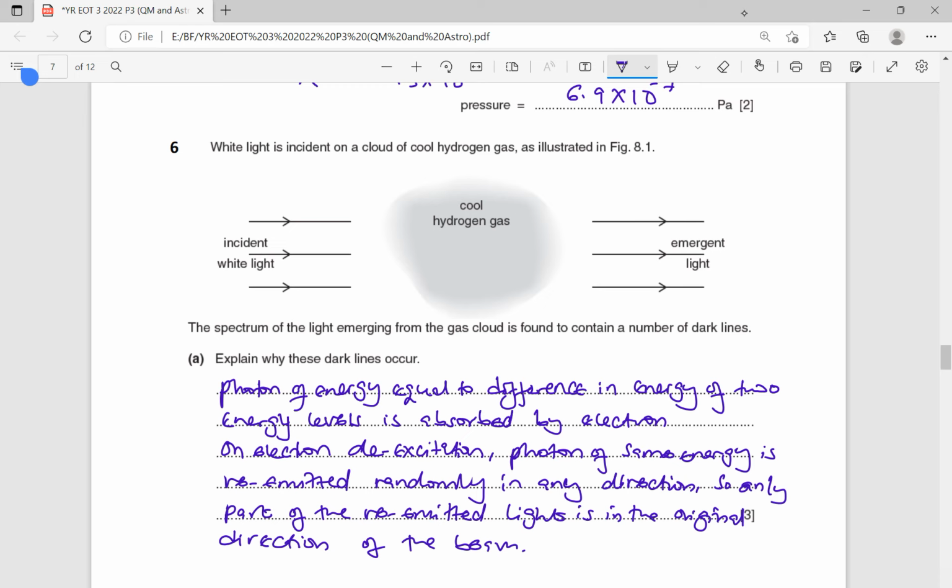And if this occurs, it means only a part of the re-emitted light could be in the original direction of the beam. So there is a possibility of some part of the light not being re-emitted in the same original direction, and therefore that part of the light will be missing on the screen, resulting in dark lines. Okay, I think we have explained that several times.